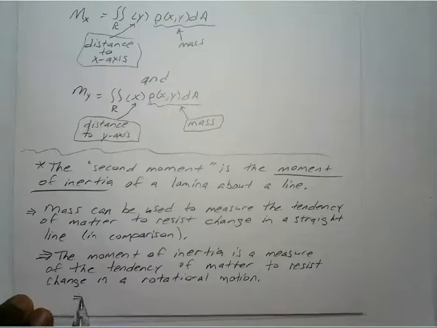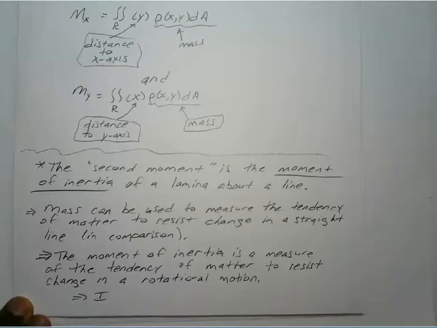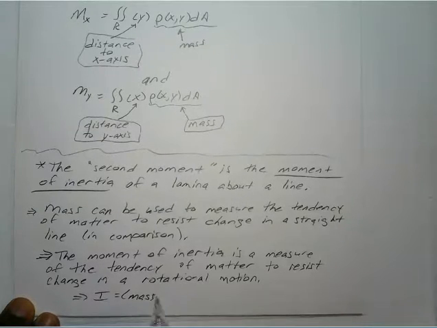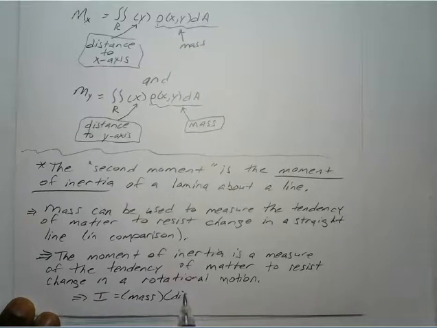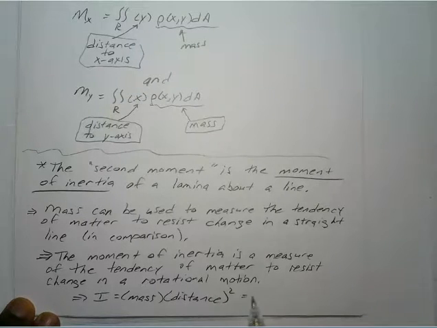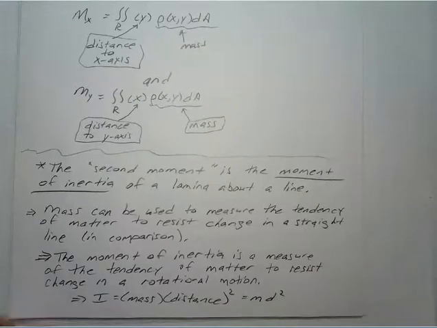Okay. So we know that our inertia is equal to mass times the distance squared.